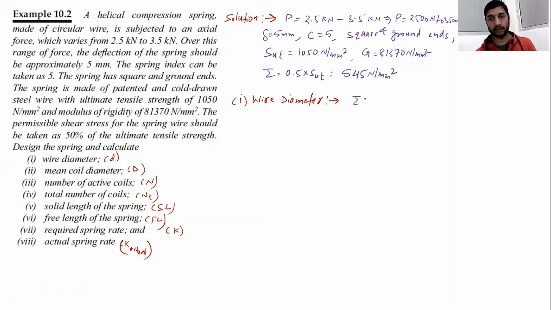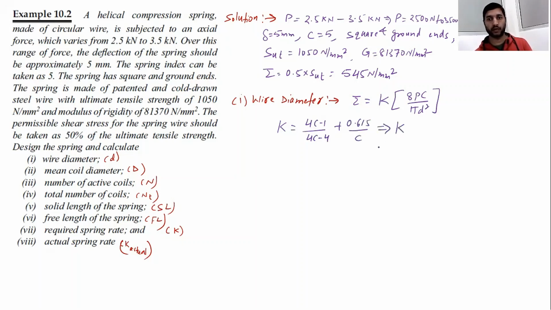According to the load stress equation, tau equals K 8PC upon pi d square, and K from here will be Wahl's factor. It will be 4C minus 1 divided by 4C minus 4 plus 0.615 divided by C. And जब इसमें आप C की वैल्यू 5 पुट करोगे, so you will get the value of K.